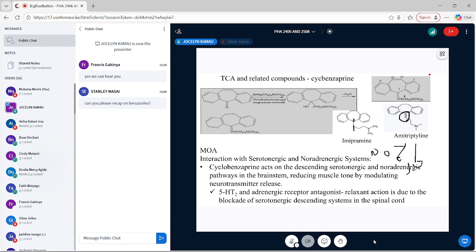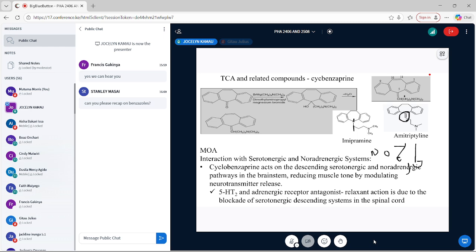So, interaction with serotonergic and noradrenergic systems: cyclobenzaprine acts on the descending serotonergic and noradrenergic pathways in the brainstem, reducing muscle tone by modulating neurotransmitter release. In other words, on the serotonin neurons and noradrenaline neurons, it will act as an antagonist, reduce serotonin, and therefore bring about muscle relaxation.